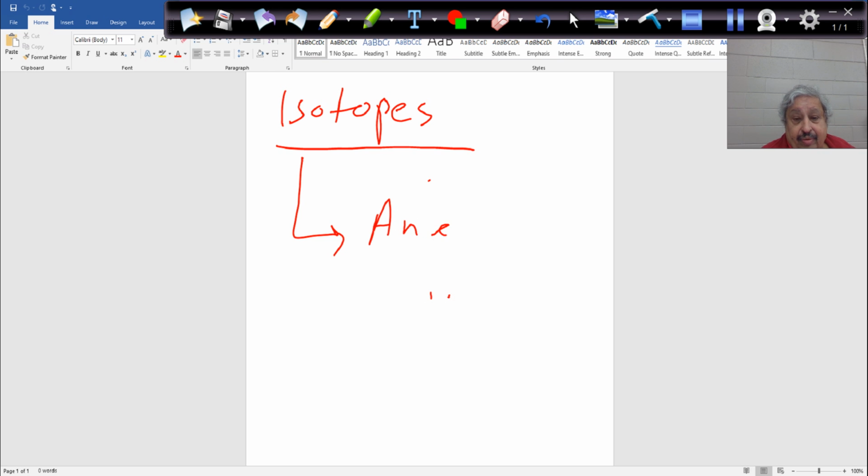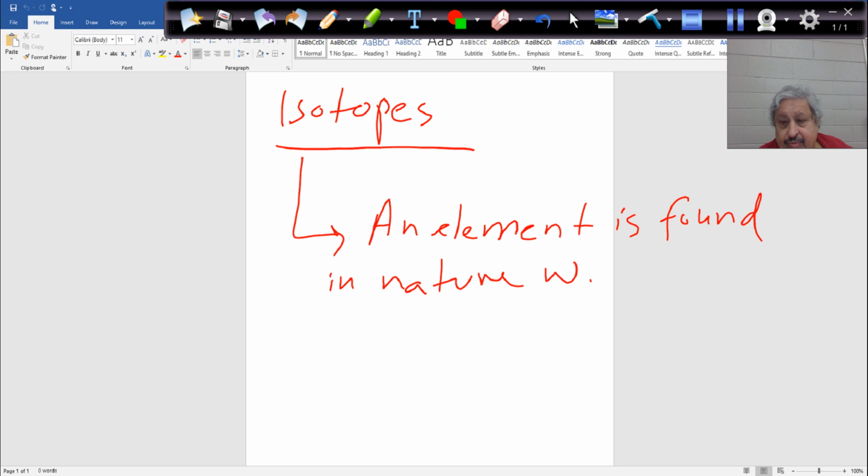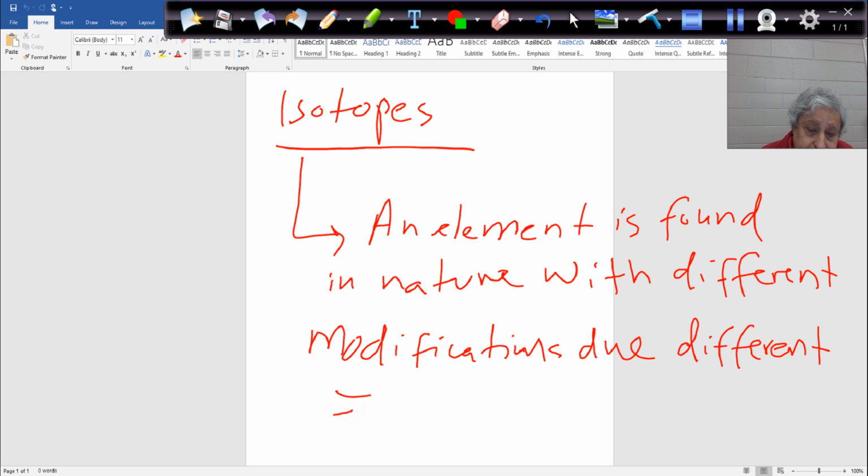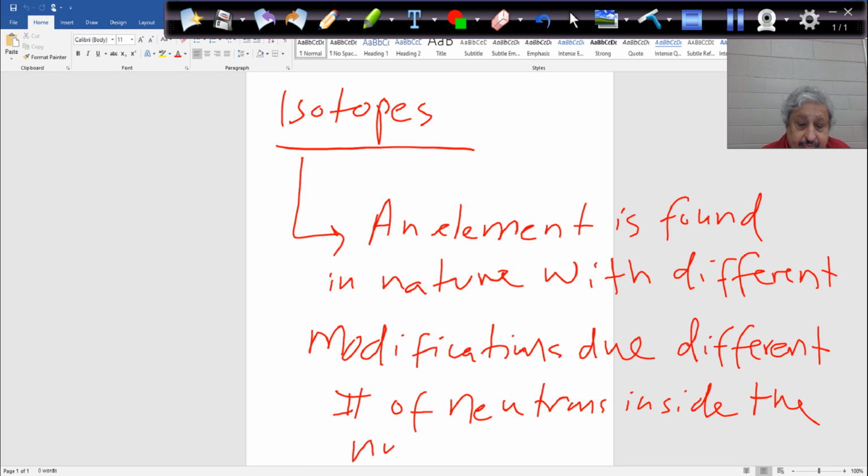An element is found in nature with different modifications due to a different number of neutrons inside the nucleus.